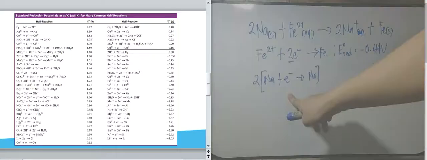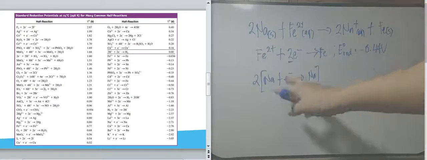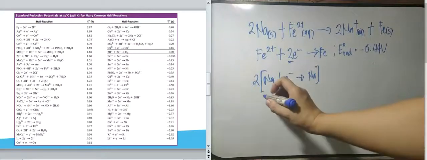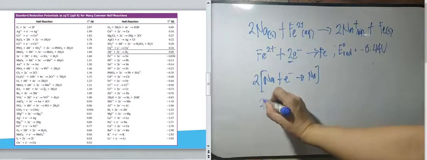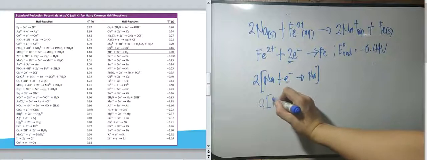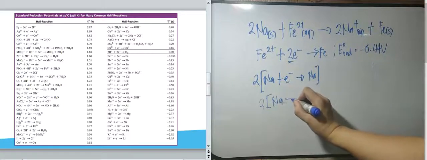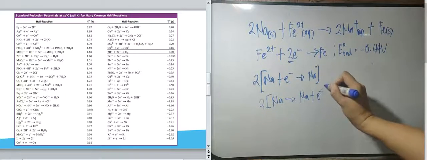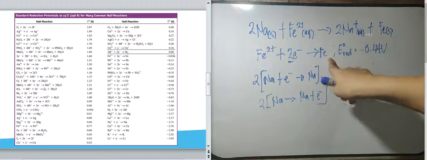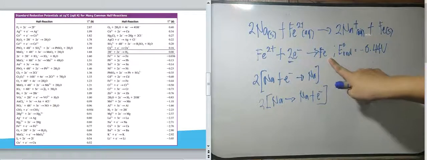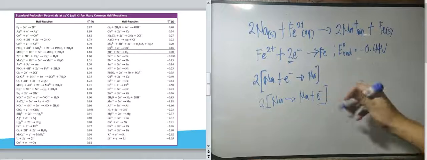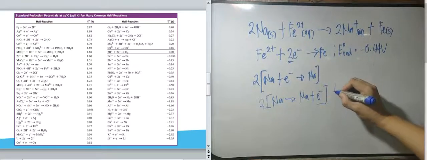The other one cannot also be a reduction, so we will reverse it: Na plus E is the reduction based on the table. Ours is an oxidation.